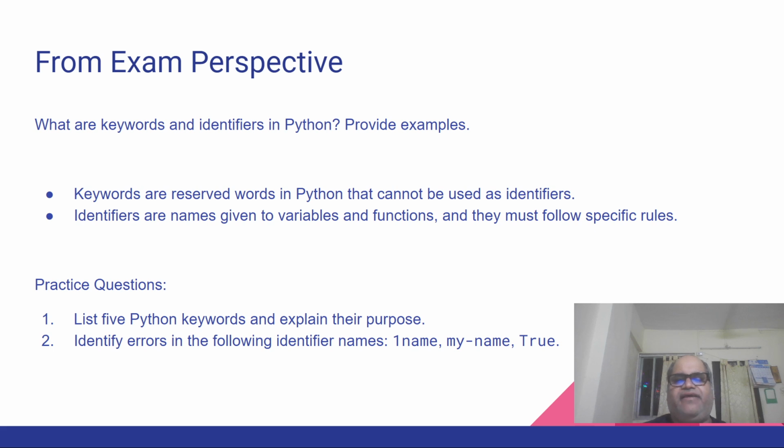And why is my-name, my hyphen name, not permissible? Because it has one of the not allowed special characters, that is the hyphen. And why is true not allowed? Because it is one of the reserved keywords.